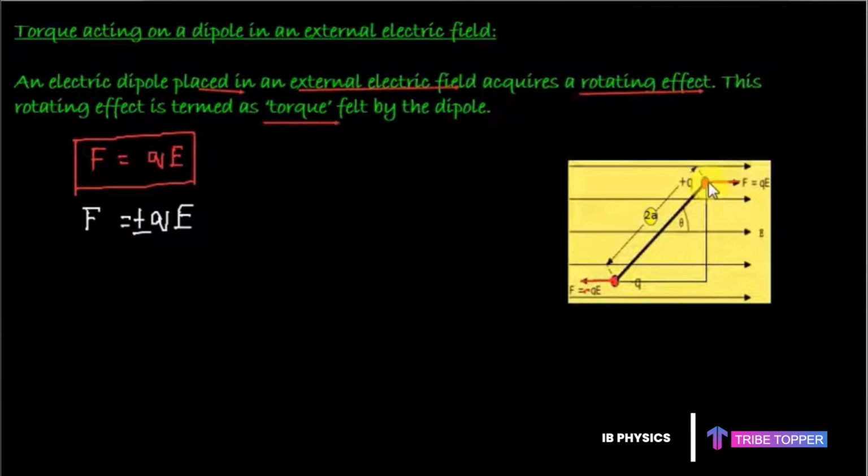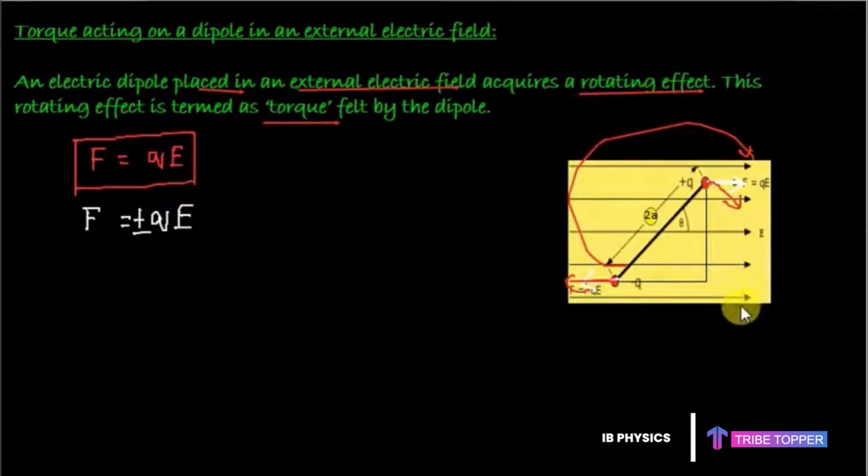Since one pulls it towards the right and the other pulls it towards the left, these two forces are anti-parallel, and so they produce a rotating effect, because you pull it here and you pull it here, and the effect is rotation. Therefore, this electric dipole experiences a torque, and that gives rise to the rotation. So this dipole will start rotating in this electric field.